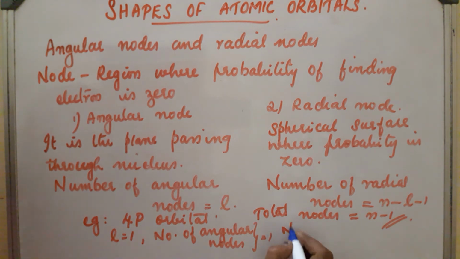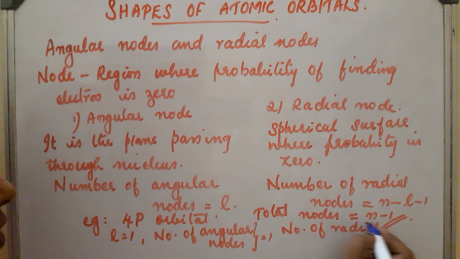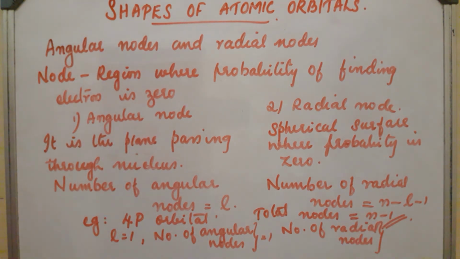Number of radial nodes equals n minus l minus 1. n is 4, so 4 minus 1 is 3, 3 minus 1 is 2. So the number of radial nodes is 2. So the total number of nodes will be 1 plus 2, therefore n minus 1, total nodes equal to 3. Like this we can calculate the number of angular nodes and radial nodes.